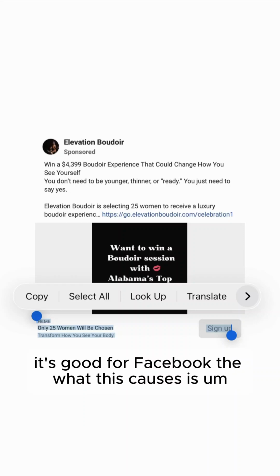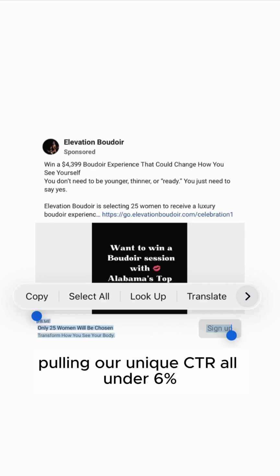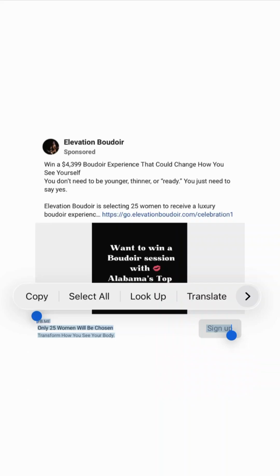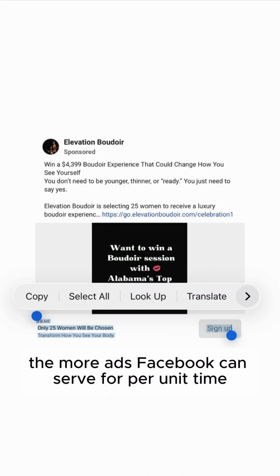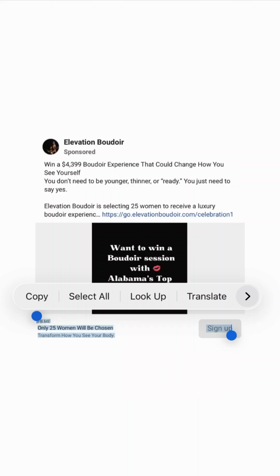What this causes is way more women to scroll by our Boudoir Facebook ads than necessary, pulling our unique CTRL under 6%, and increasing the probability we have BLCS. And that is because the more women scroll by our ad per unit time, the more ads Facebook can serve per unit time. That's why Facebook wants us to fill this out. It makes Facebook more money per unit time.